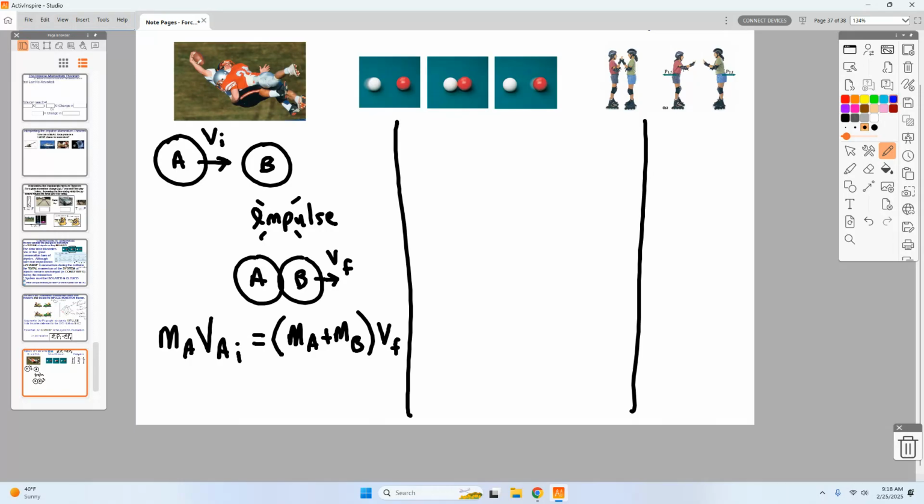Let me use a different color. There's some sort of impulse that's delivered. And afterwards, A and B move separately.